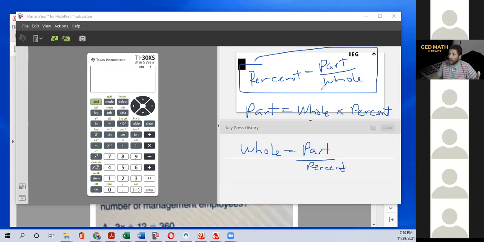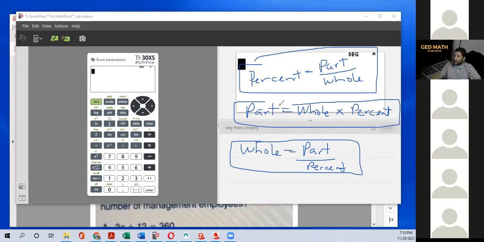Remember, just like algebra, if I wanted to get part by itself, I would multiply both sides by whole. If I wanted to get whole by itself, I need to divide both sides by percent. So whole equals part divided by percent. All these equations, once you know this basic first equation, can be ascertained with simple algebraic concepts.